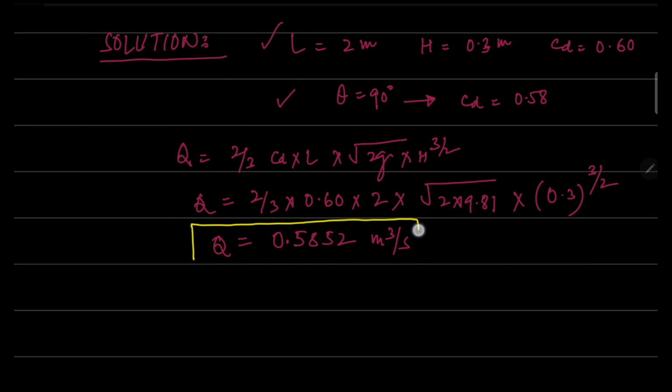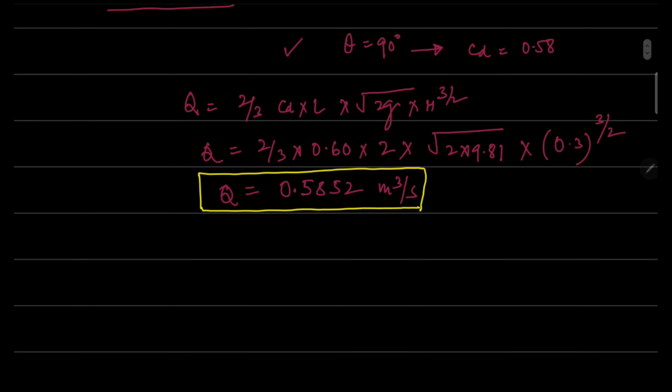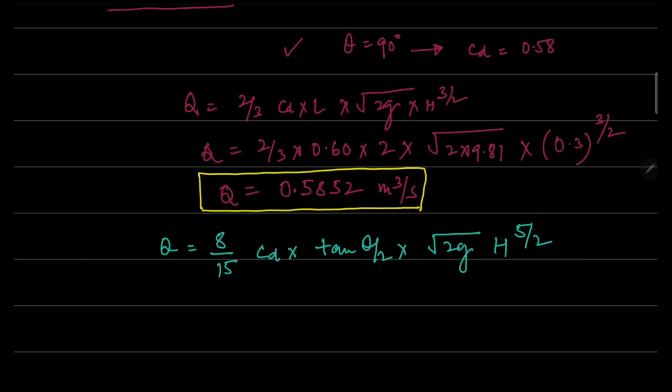The same discharge is passing over the triangular weir. So we will use the equation of the triangular weir, that is Q is equal to 8 by 15 CD multiplied by tan theta by 2 multiplied by root 2g, H raised to the power 5 by 2. We are just going to put all the values.